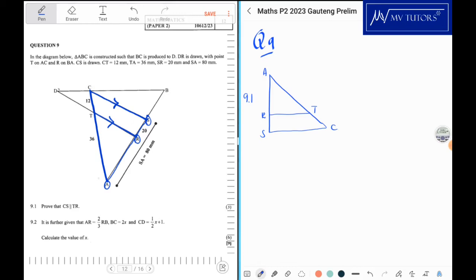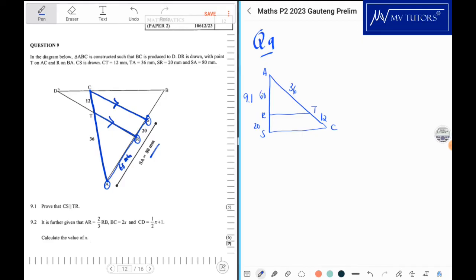I have that AT is 36, TC is 12, RS is 20. And since the whole length is 80, AR has to be 60 millimeters.